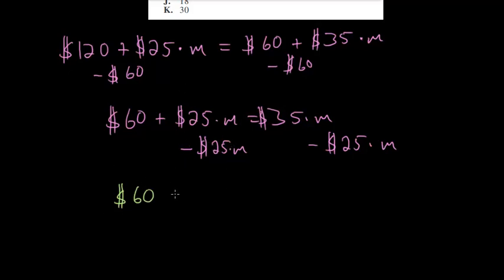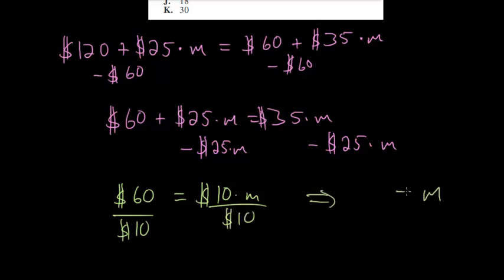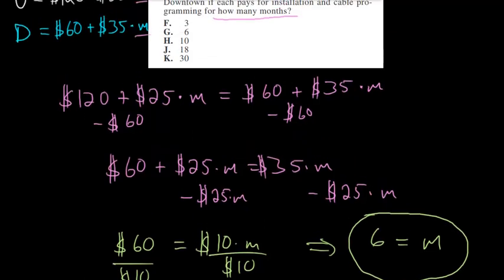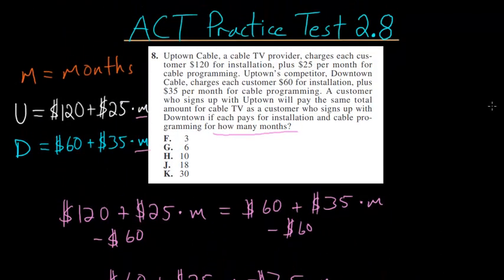We have that $60 is equal to 35M minus 25M, which is just 10 times M. And now dividing each side by this 10, we're left with M equal to 6. So after 6 months, the cost of Uptown and Downtown Cable will be equal to each other. And that is choice letter G here.